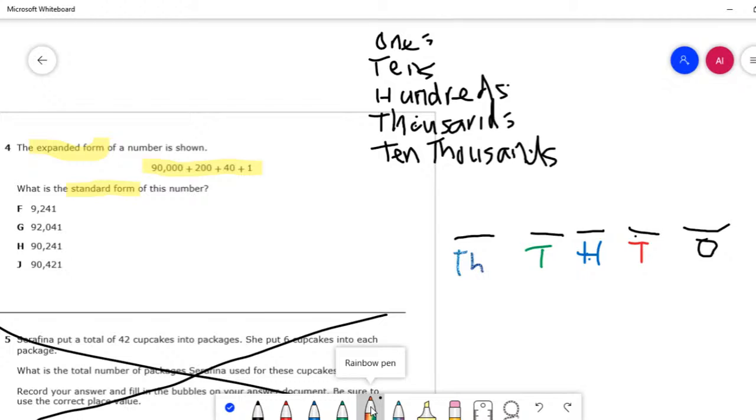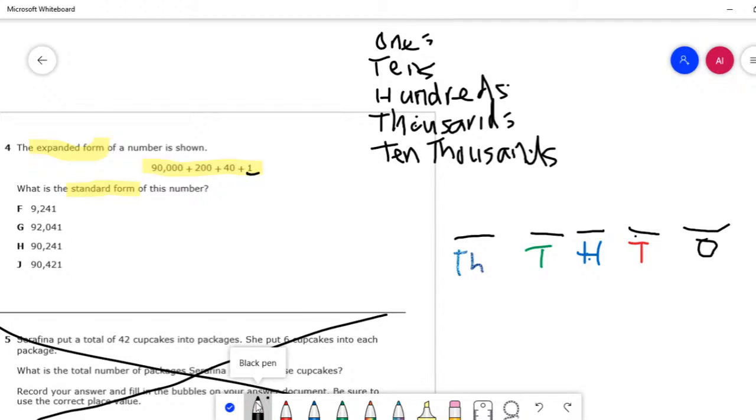So now let's look back at this number and start seeing which number belongs in each place value. Let's start from the right, from the smallest place value to the largest place value. The first number we have is a 1. If we start color coding it a little bit, the only place value that we have in the number 1 is the ones place, and we have just 1.